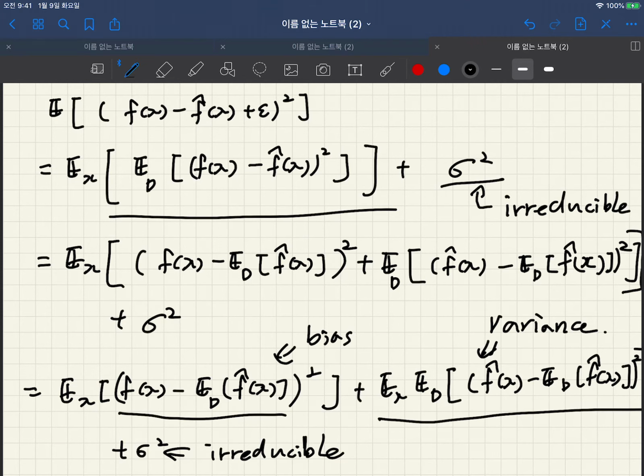On the other hand, if your model has very few degrees of freedom, very non-flexible, your model cannot fit f(x) even if you have an infinite number of training data points.